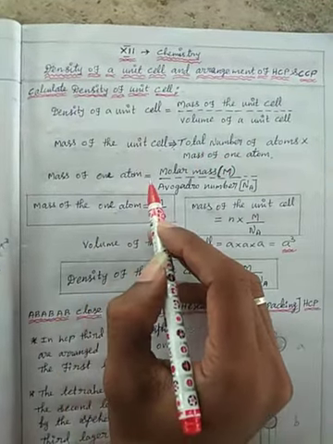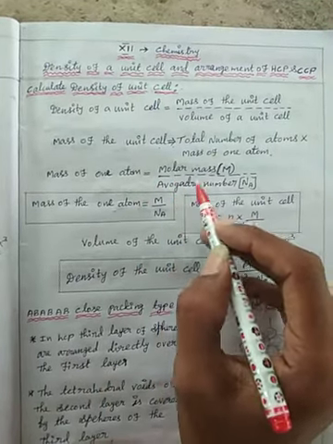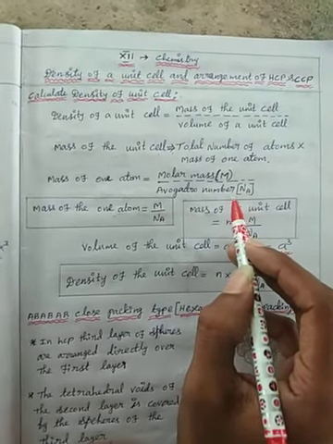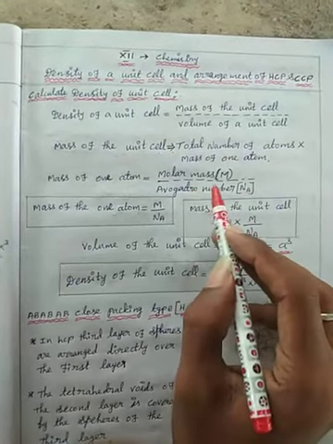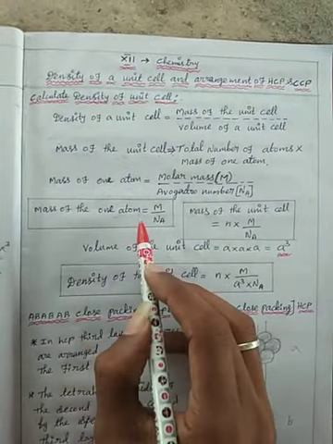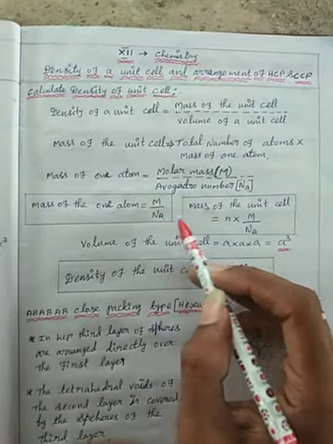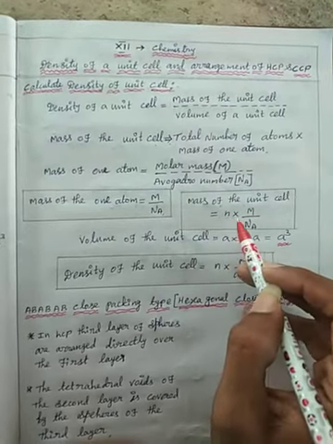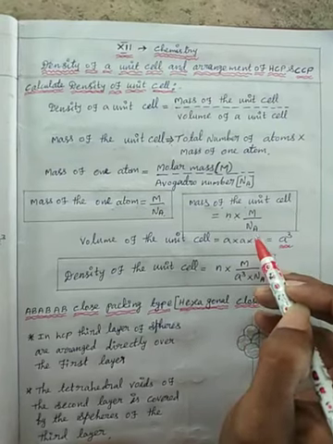The mass of one atom, already known from 11th standard, equals the molar mass divided by Avogadro number, since every mole has Avogadro's number of atoms. So the mass of the unit cell equals Z, the number of atoms per unit cell, multiplied by molar mass divided by Avogadro number.